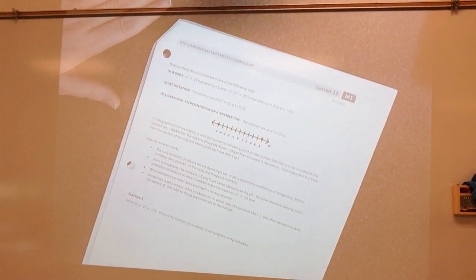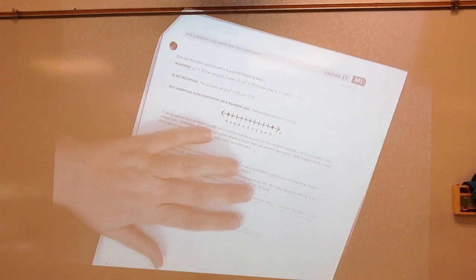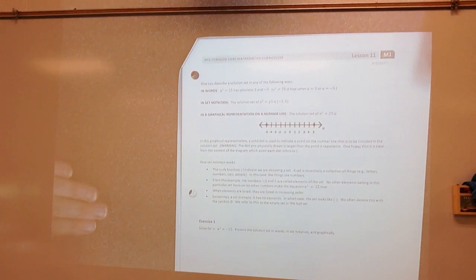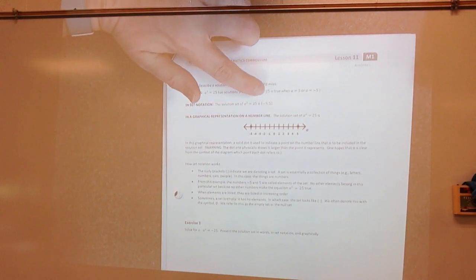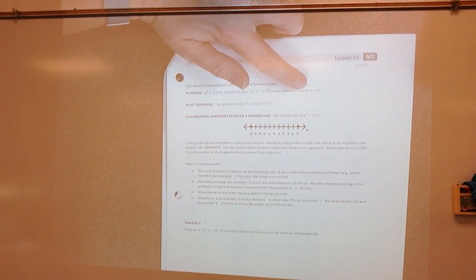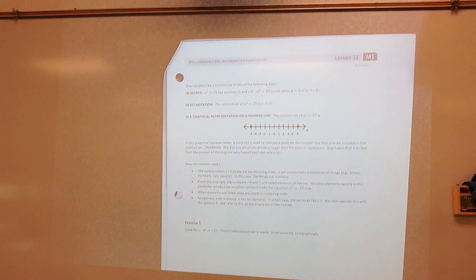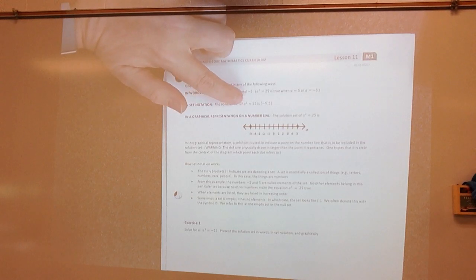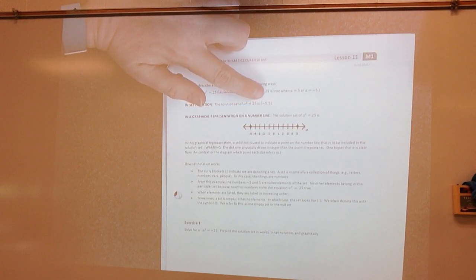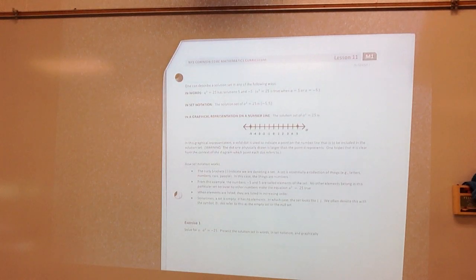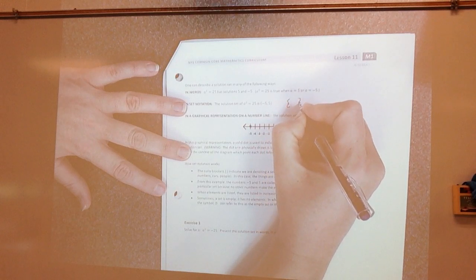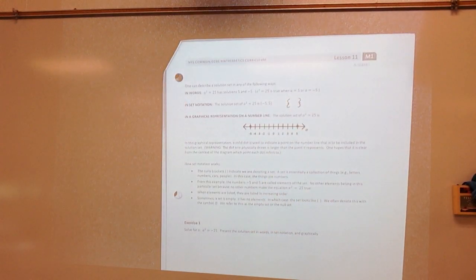One can describe a solution set in any of the following ways. You can describe it in words. A squared is equal to 25 has the solution 5 and negative 5. Or you can say a squared is equal to 25 is true when a is equal to 5 or a is equal to negative 5. You can do what we call set notation. The solution set of a squared is equal to 25 is {-5, 5}. Set notation is simply using these funky looking brackets, and I'm not going to grade you on how well you can draw those brackets.